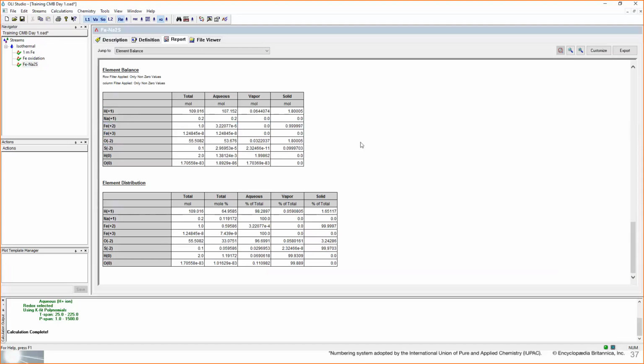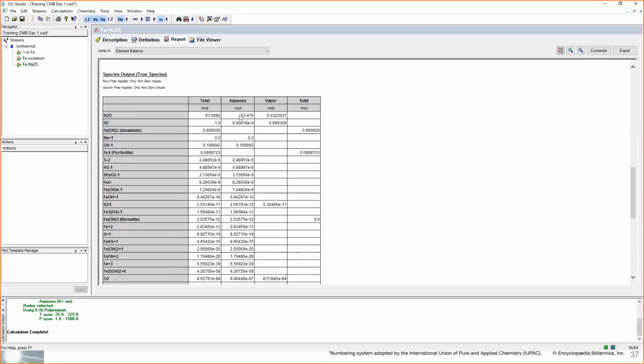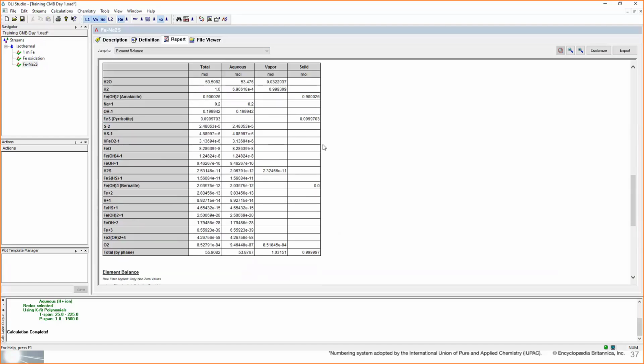So we scroll up to this species output, we'll notice that the software, sure enough, is predicting what we already knew, 0.9 moles of iron hydroxide and a little bit of this iron sulfide or pyrrhotite. This is 0.1, okay? So to form this pyrrhotite, the sulfur is stealing 0.1 moles from the iron +2.